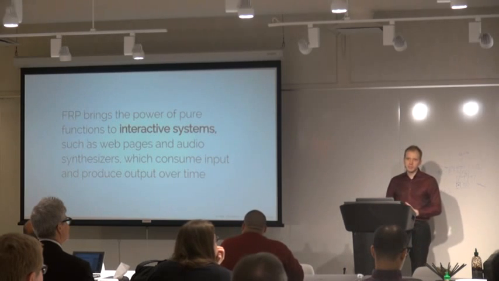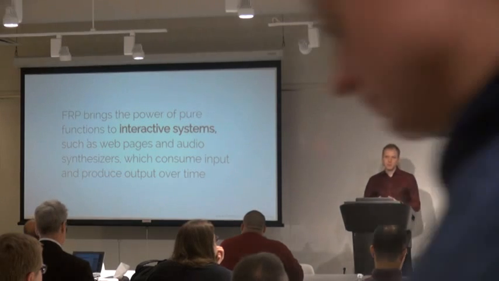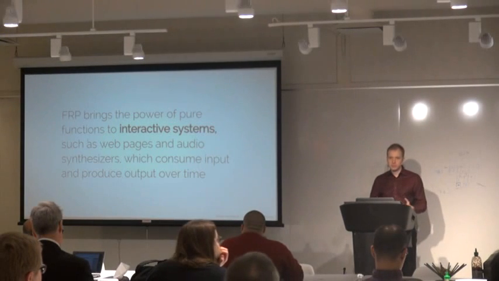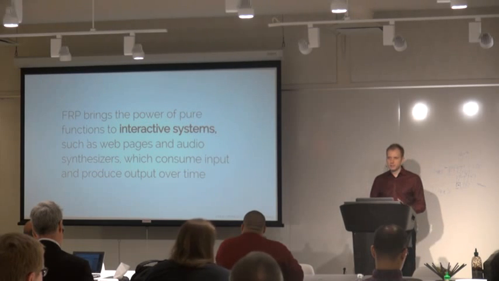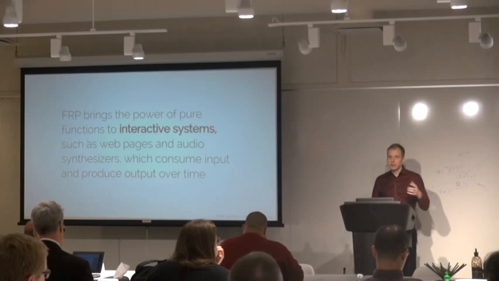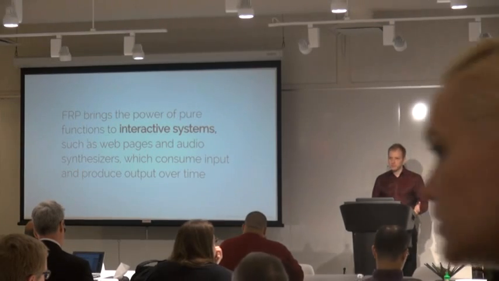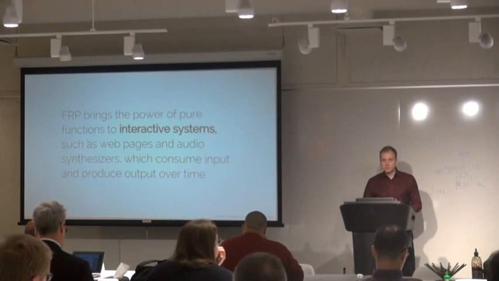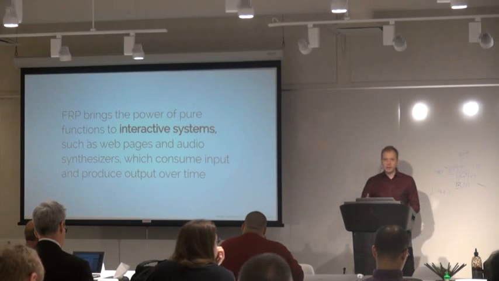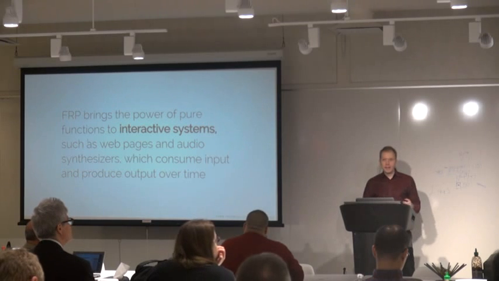Functional reactive programming is the way to get pure functional systems into the real world. This is how we can do interactive systems using all of the techniques that we know and love from Haskell-based batch systems. So web pages, user interfaces, robotics, audio synthesizers, that kind of stuff has to react to its input in real time.